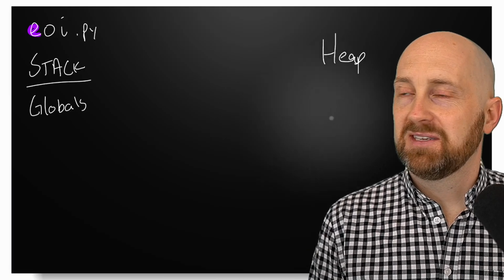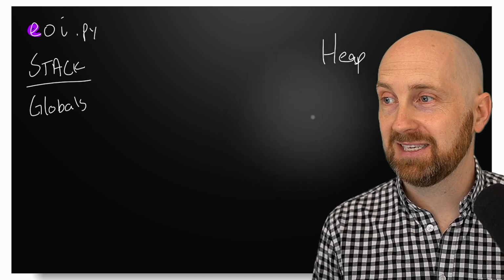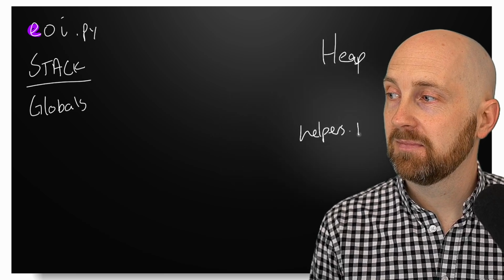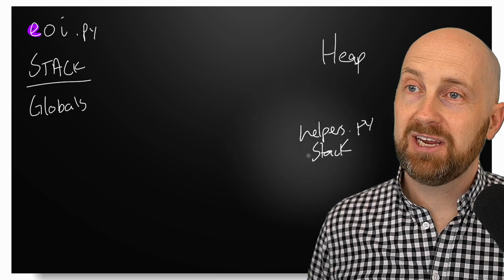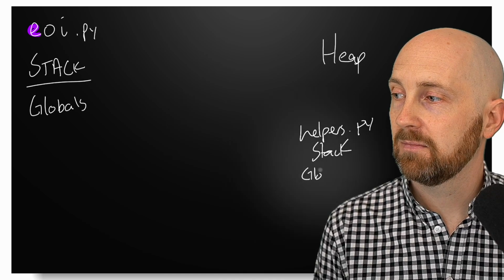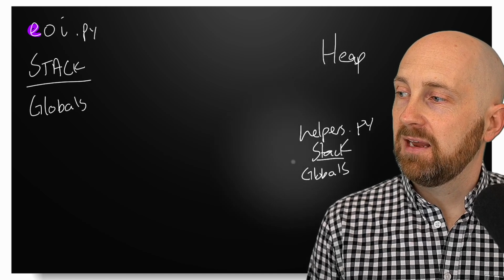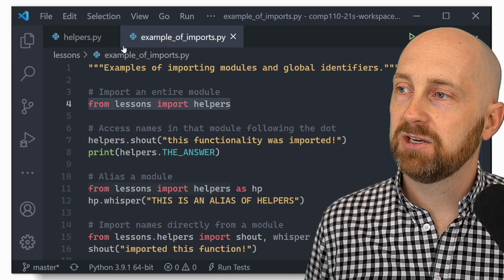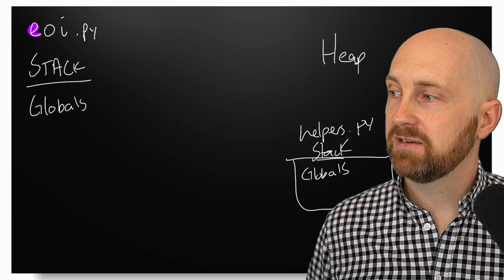So what I want you to imagine is that, okay, over on the heap, we're actually going to establish a stack for helpers.py. And over here, it's also going to have a globals frame. All right. And in that globals frame, just like we've been doing, we would see that, okay, let's go evaluate this module. Well, we see that there's this constant that's defined.